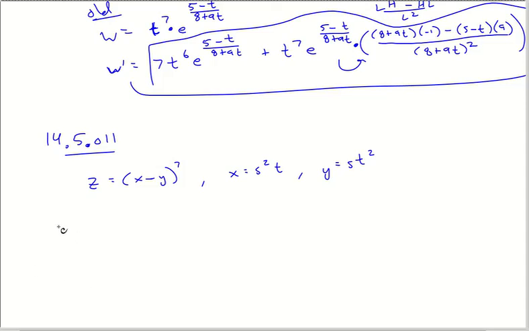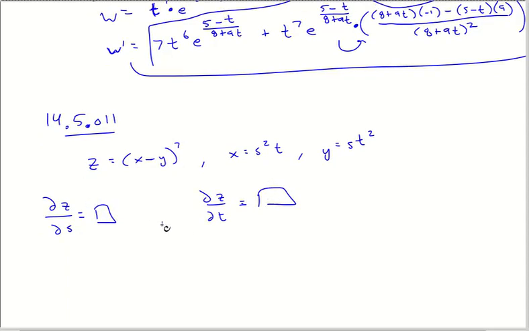Now they're basically wanting dz ds and dz dt. Notice the partials. Notice the partials on this one, because we're going to have two separate variables in the end. So we can't technically use a full derivative, but honestly, it's all the same.